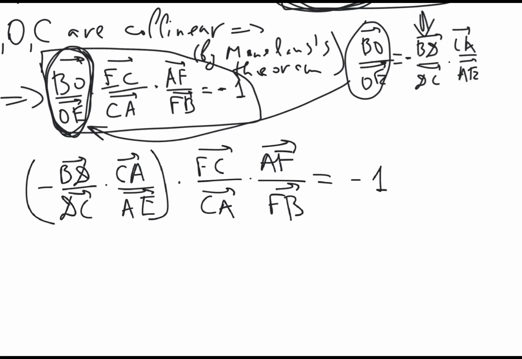So now we see that minus and minus cancel each other. So we can multiply simply by -1 both sides. And now here we see that CA and CA cancel each other. And what else? Oh, maybe nothing else.